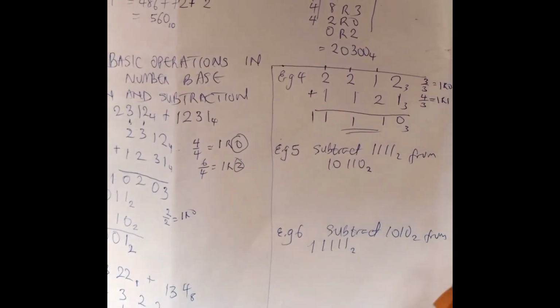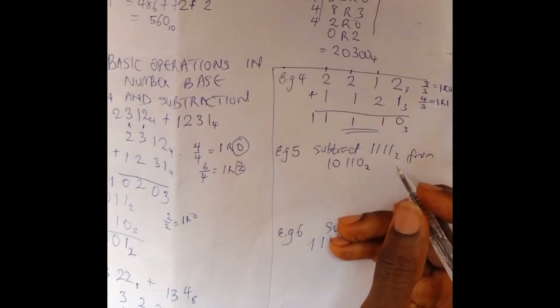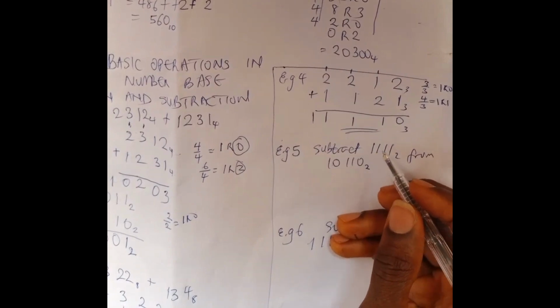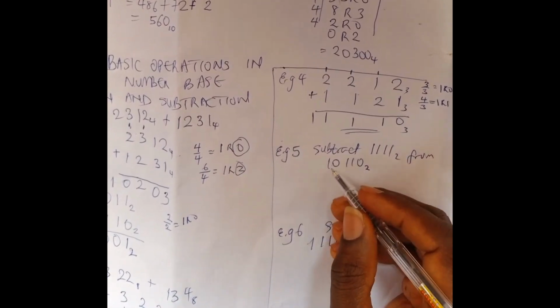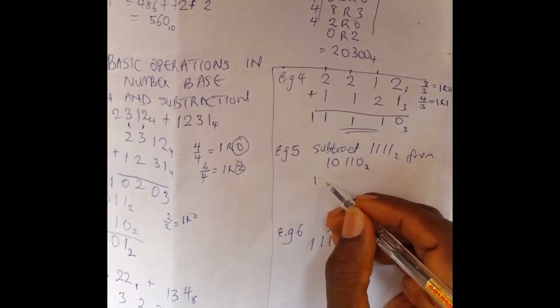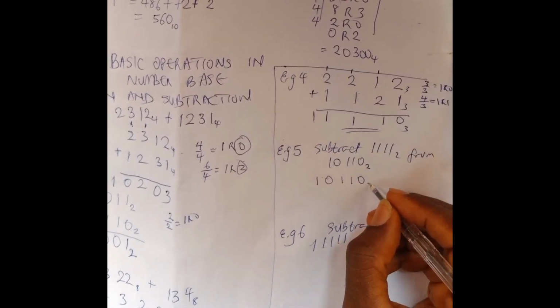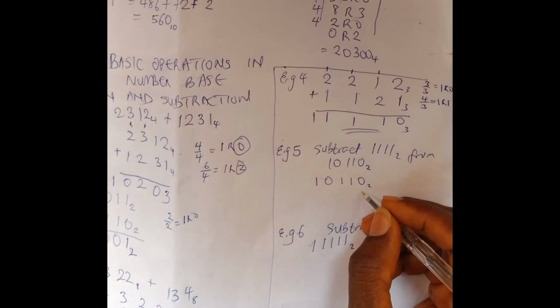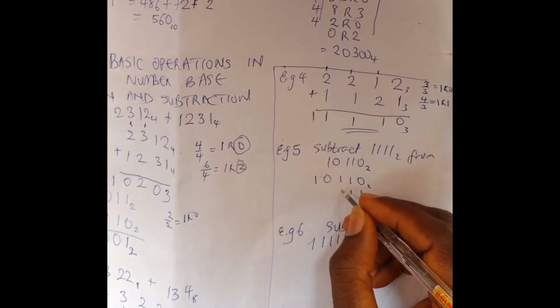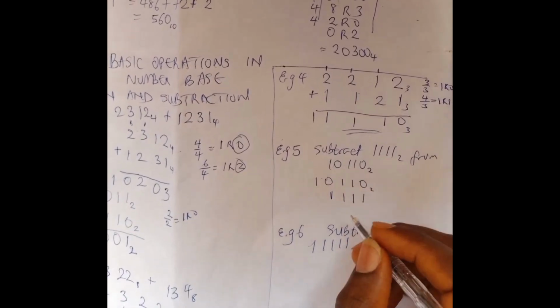And let's go to this. You should subtract this from this. So you write what is here first, 10110 base 2, and write this from the back, 1111, so you don't make a mistake.